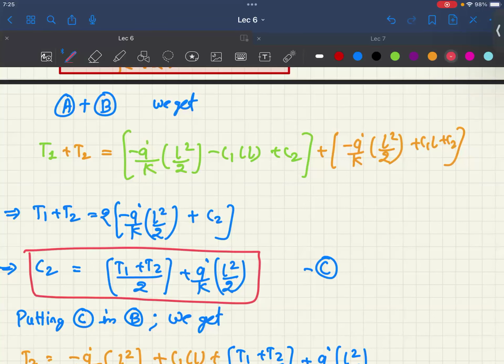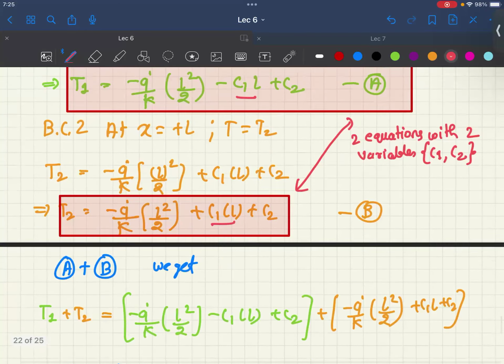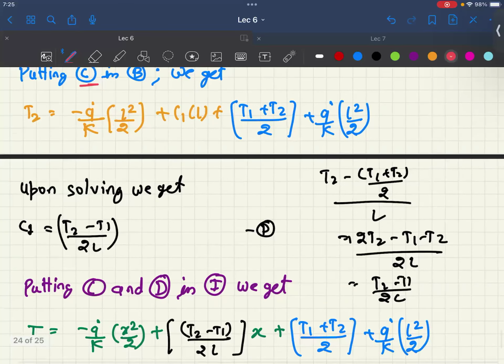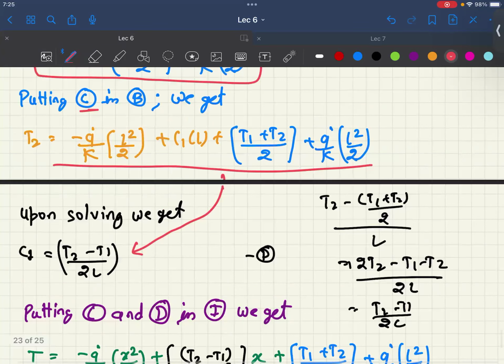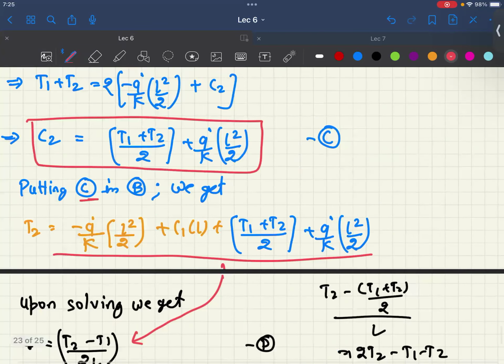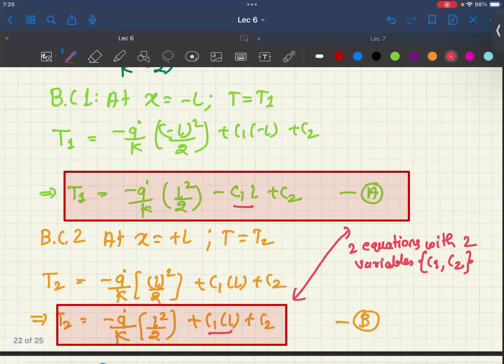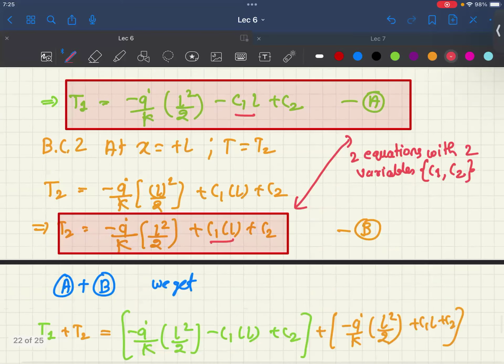Then you put this value of C2 into either equation A or equation B. You end up with this expression, which when you solve gives rise to this. You get that C1 is equal to this. Then with these values of C1 and C2, you put them into this expression, and you end up with this temperature profile.